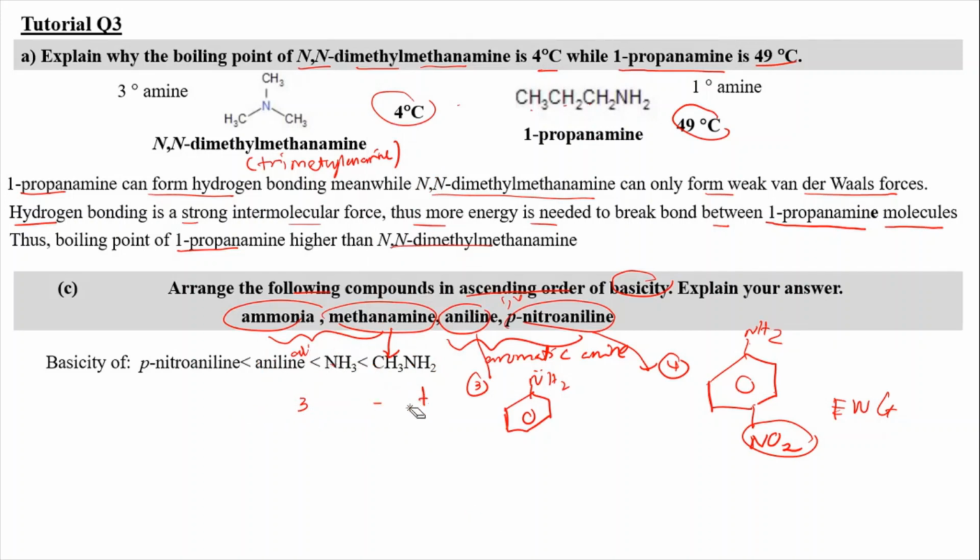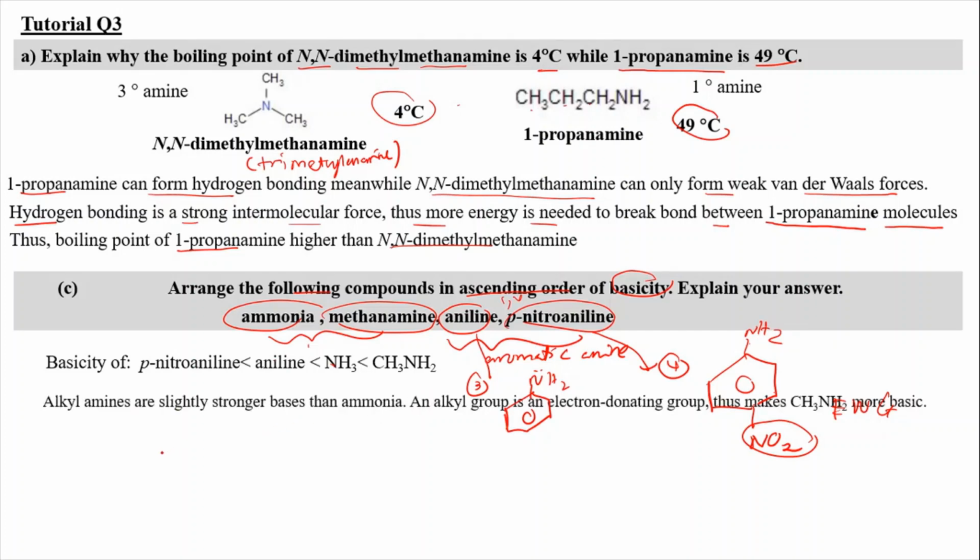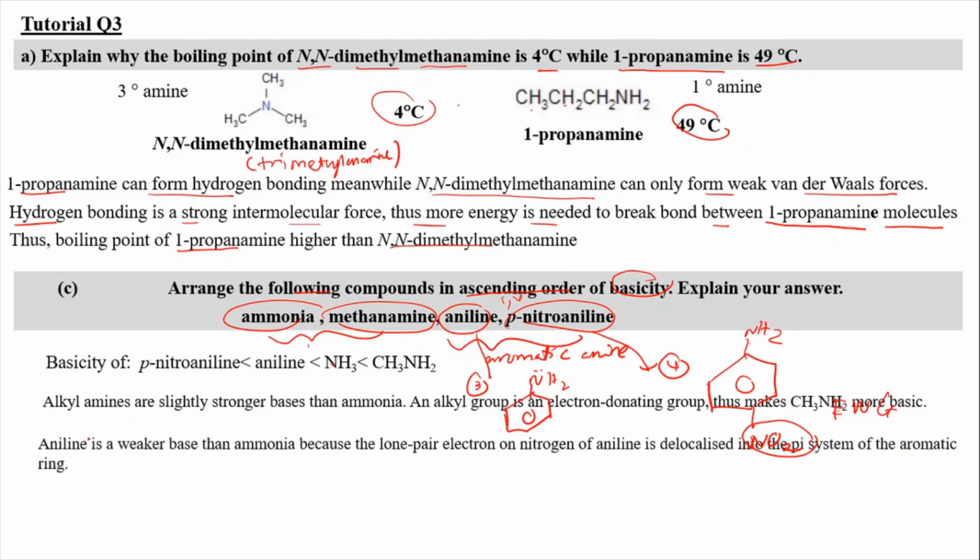Let me erase first. The next explanation: alkylamine, which is CH3NH2, is a slightly stronger base than ammonia. An alkyl group is an electron donating group. This makes CH3NH2 more basic because it will donate electron density towards the nitrogen here. Aniline is weaker than ammonia because the lone pair of electrons on the nitrogen of aniline is delocalized into the pi system of the aromatic ring.